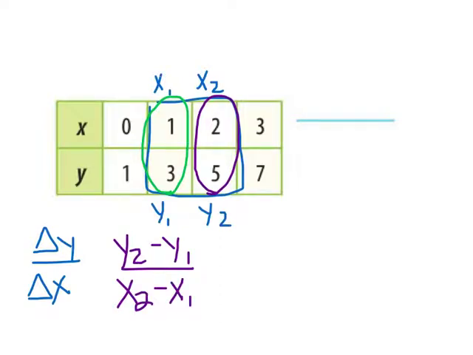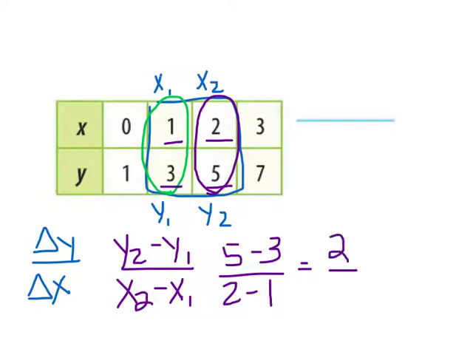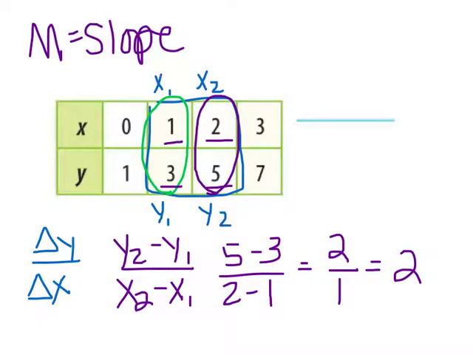So y2 is 5 minus my y1, which is 3, x2, 2, minus 1. 5 minus 3 is 2, 2 minus 1 is 1, so my slope would be 2. m is what you use for slope, so m equals 2.